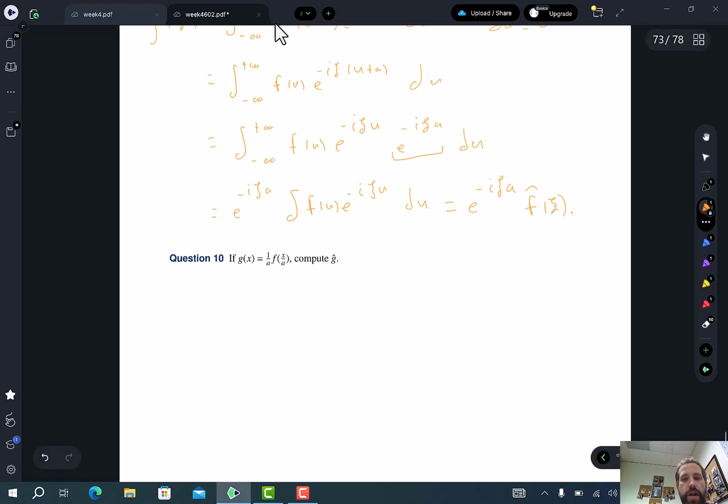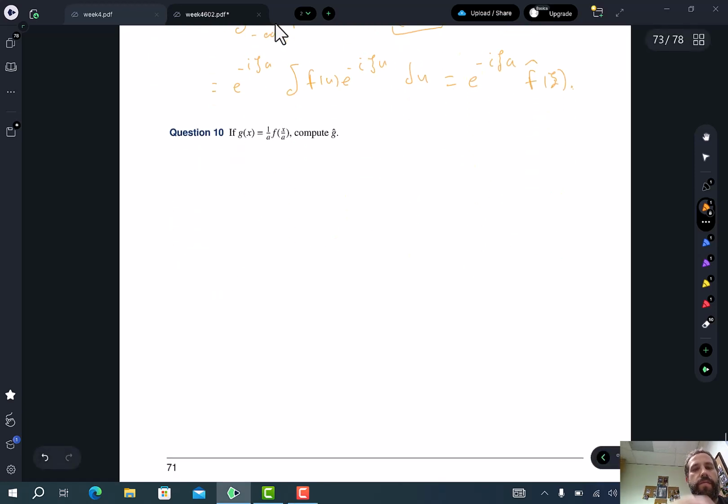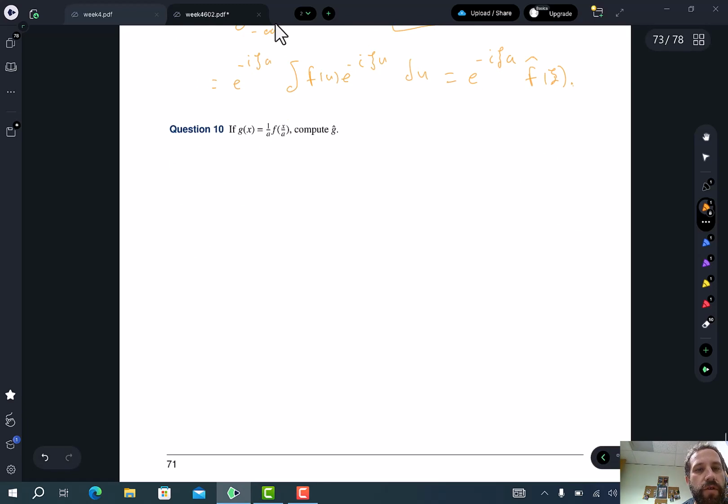Okay, so now we're going to do something similar over here. If I want to compute the Fourier transform, g hat, just again go directly to the computation. This is going to be the integral from minus infinity to positive infinity, 1 over a, f of x over a, e to the minus I c x dx.